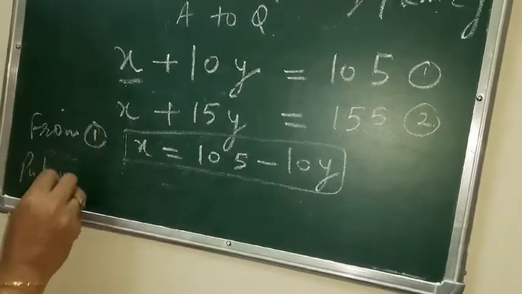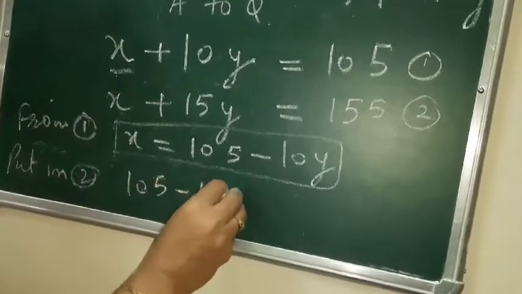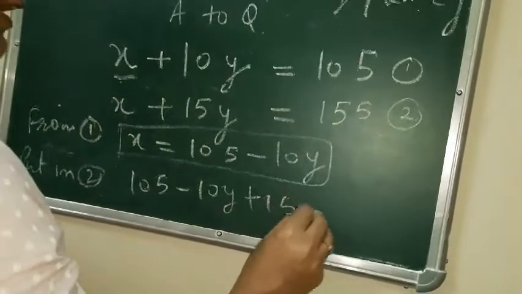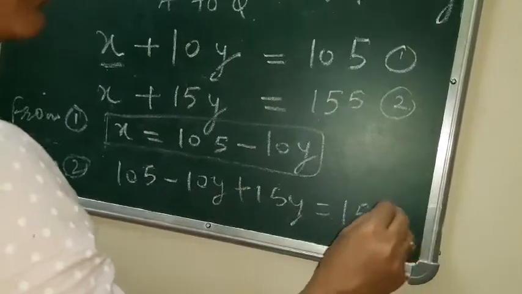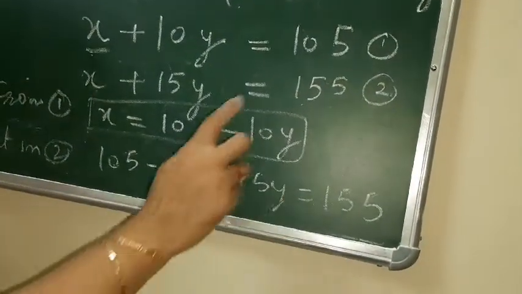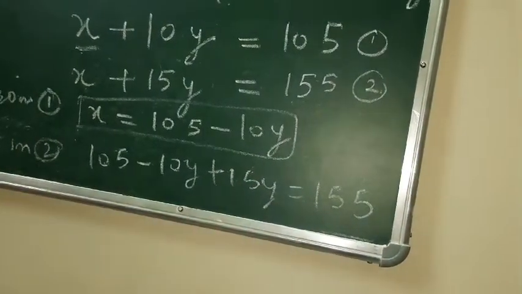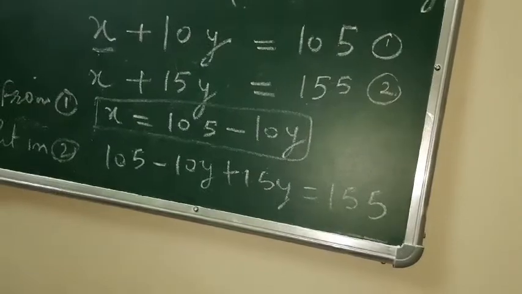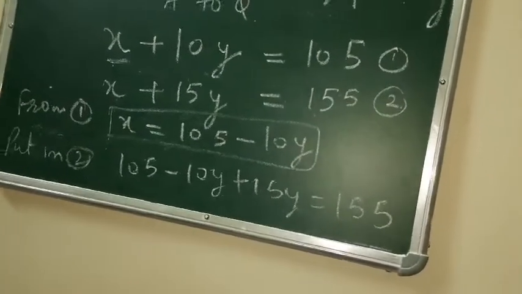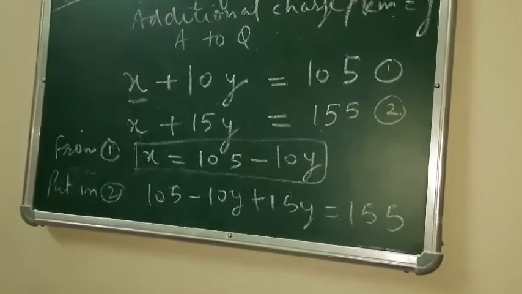Then it will be 105 minus 10y plus 15y is equal to 155. You can solve it and get the value of y. Whatever value of y you get, put it in x to get x. After that it is asked what the fixed charge and the charge per kilometer are, and how much he has to pay for 25 kilometers. So let me complete this question.